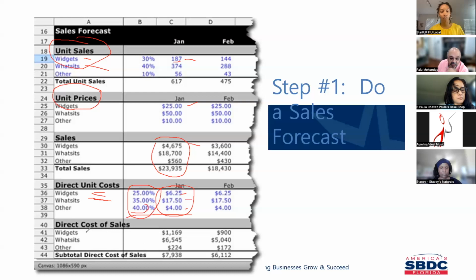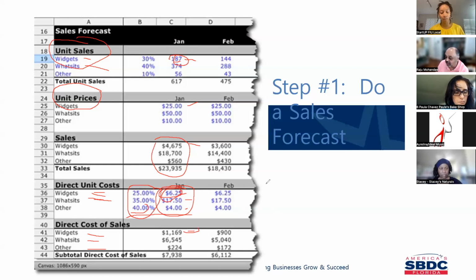Direct cost of sales. Now you have also other costs that may be direct, like shipping or the fees that you have, maybe other costs that you may want to include. But this number is this times the units here. That's the number you get.